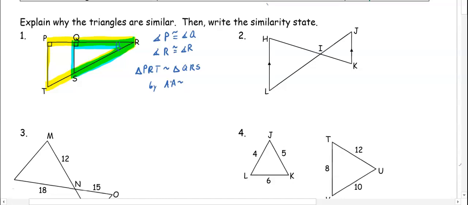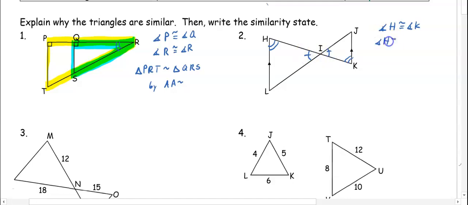In number 2, we have a bow tie problem of two triangles, and we have these triangle markings on the side, which means that those lines are parallel. So because the lines are parallel, we could use alternate interior angles to have one set of angles congruent. So angle H is congruent to angle K. In a bow tie problem, remember from proofs, we can also use our vertical angles.